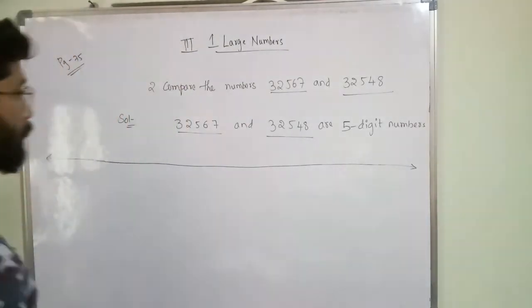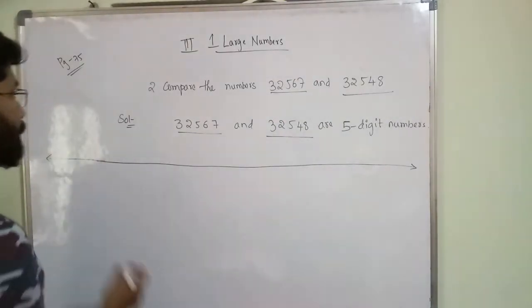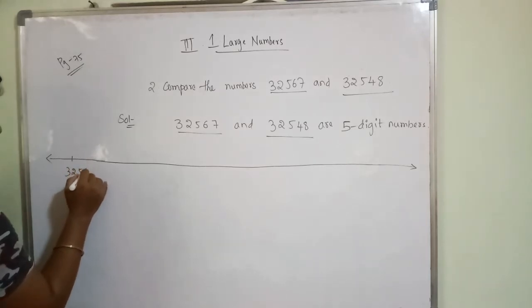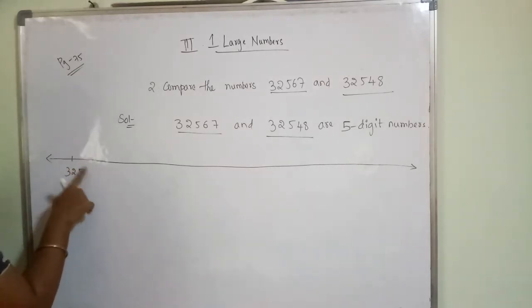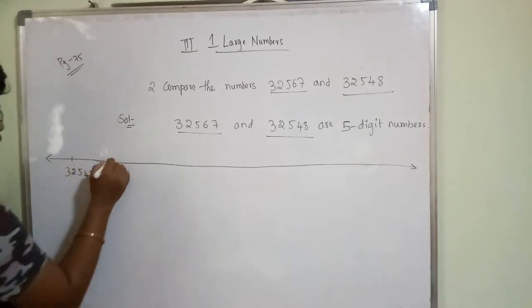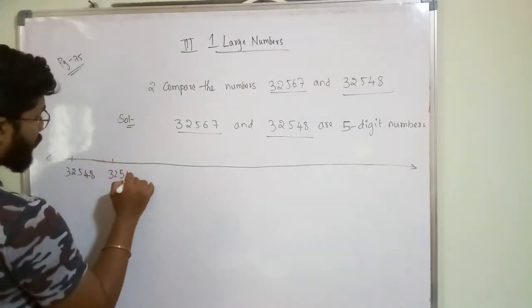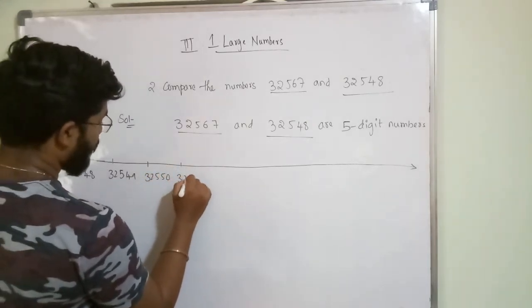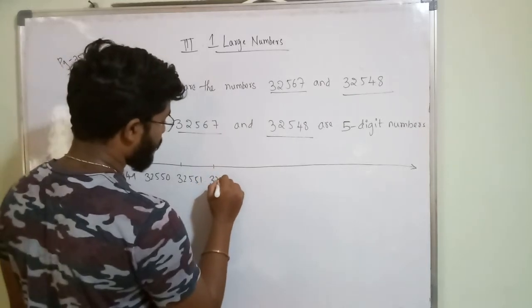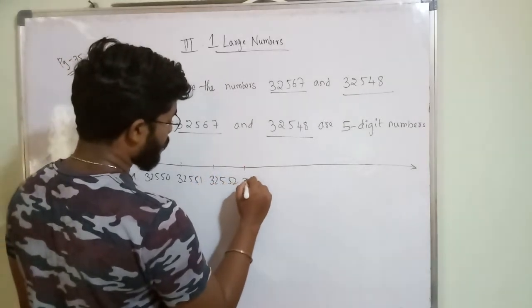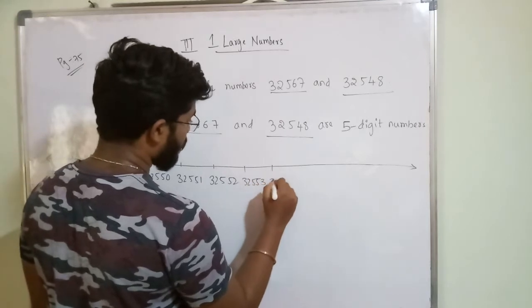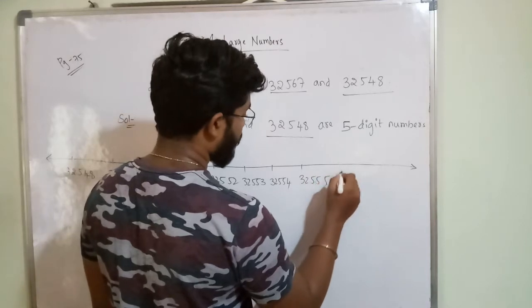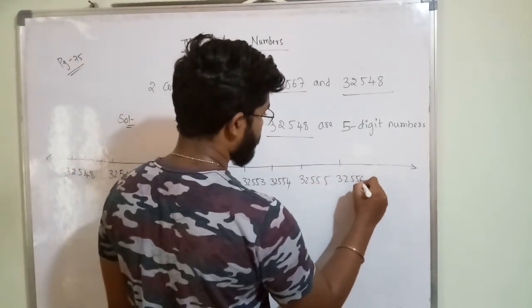From here let us see. From 32,548 let us see: 32,549, 32,550, 32,551, 32,552, 32,553, 32,554, 32,555, 32,556, 32,557.